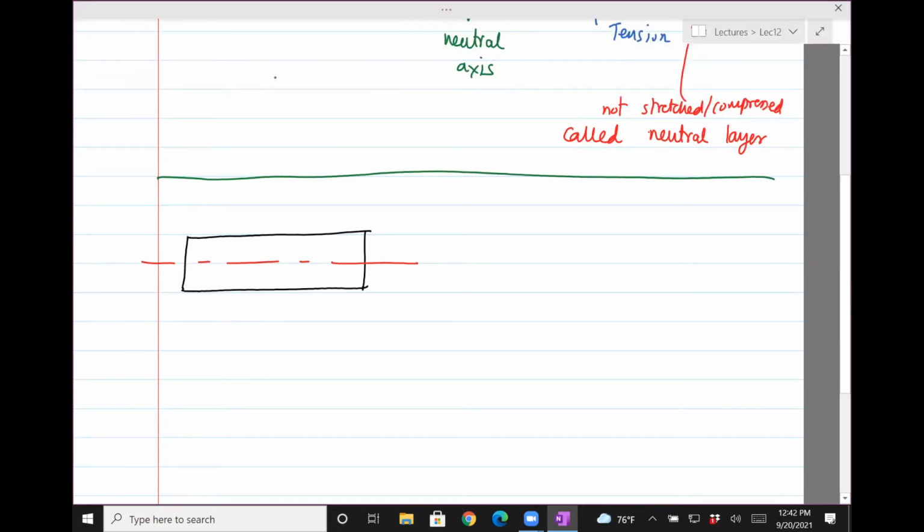Okay, now let's consider a layer which is, let's say, just below the neutral layer, and let's call that CD. And let's say the distance of that layer from the neutral axis is y.